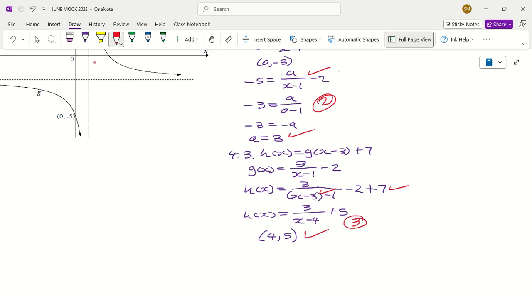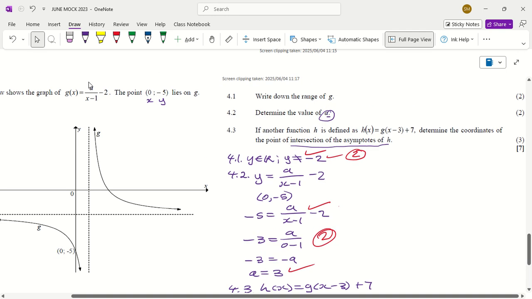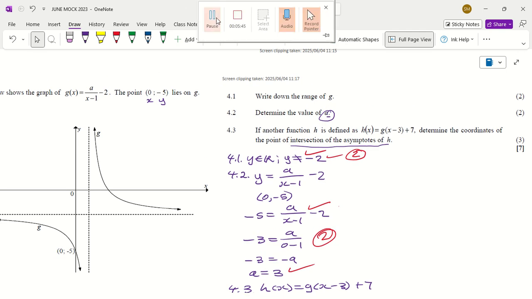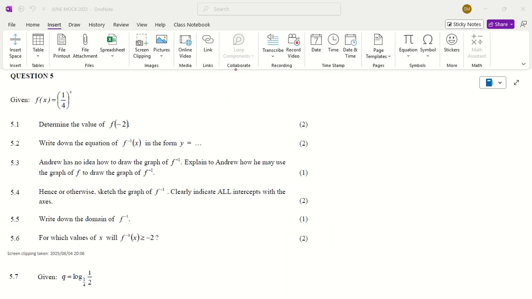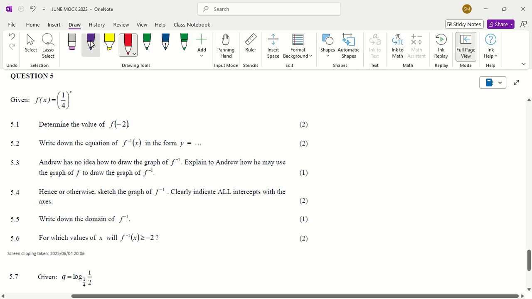The next question is question 5. Okay, question 5 is giving us an exponential function, which is f of x is equal to 1 over 4 to the exponent x. And now for 5.1, we need to determine the value of f of negative 2.